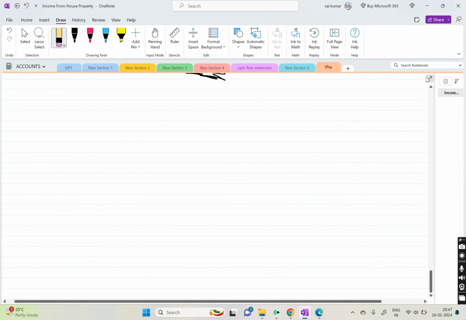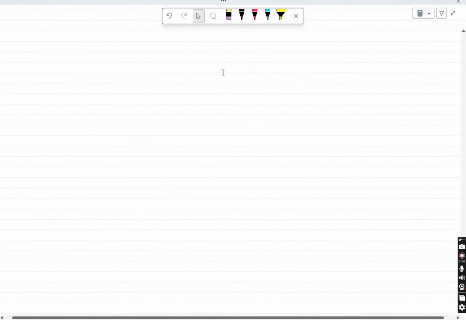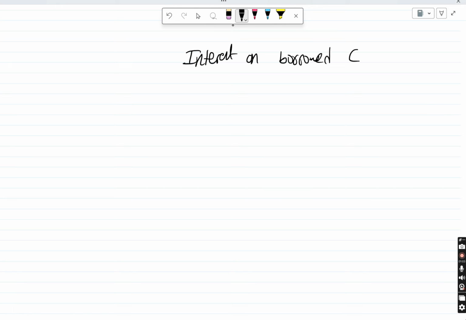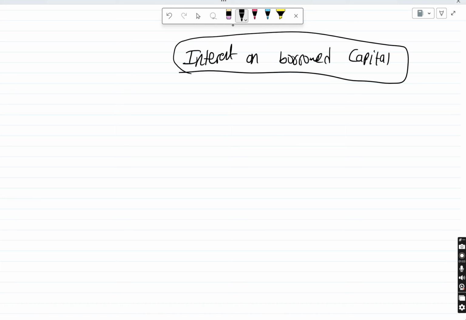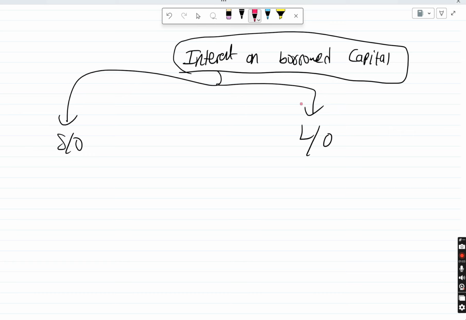Right. So when we are discussing this interest on borrowed capital, we need to find out again, is it a self-occupied property or is it a let out property?